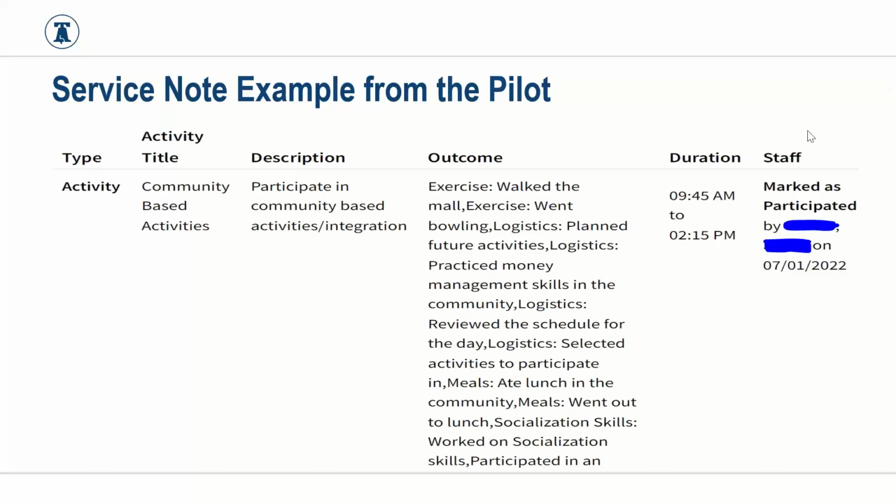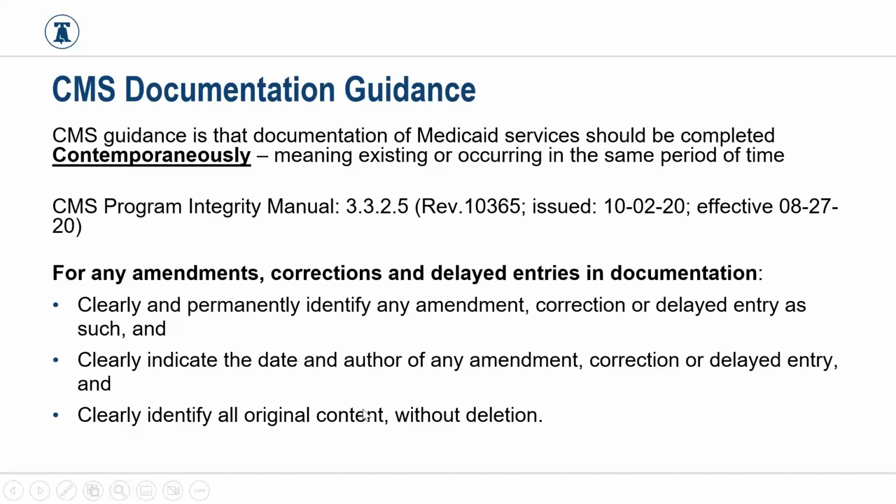Okay, so we're going to go to the next slide. So another question that was raised as part of the pilot, and additional questions that we've received as we've been developing the utilization reviews, is around when does the service documentation have to be collected, and who is required to do the service documentation.